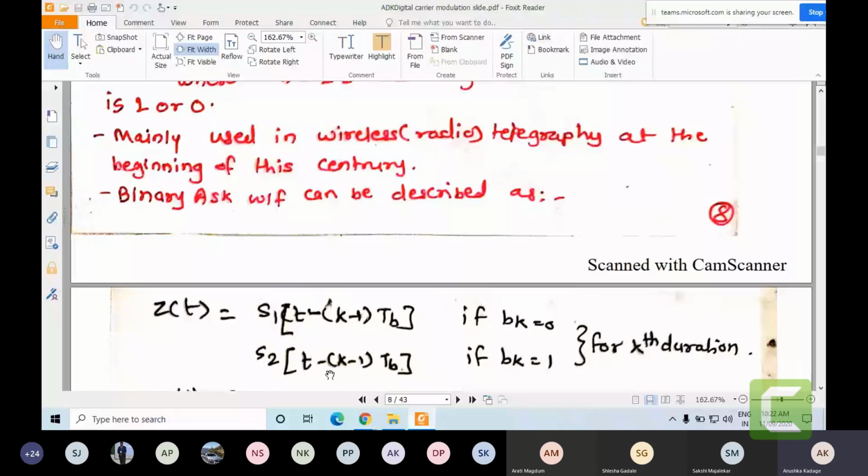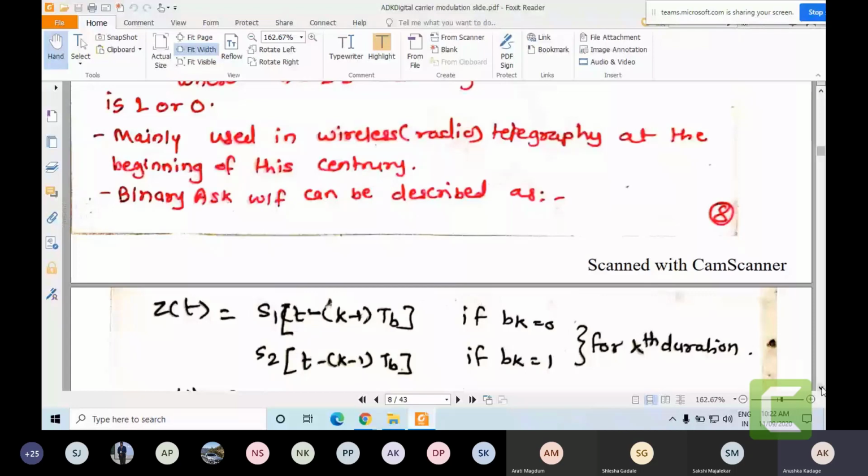Now, by taking the reference of that general modeling, we are going further for deriving the equation of ASK modulation probability of error. So this is our next task, what we are going to accomplish in the lecture.